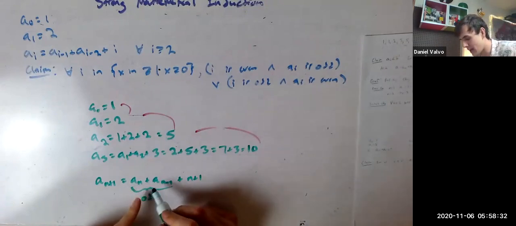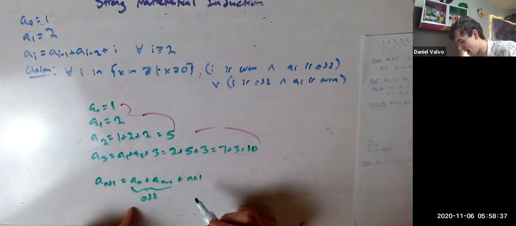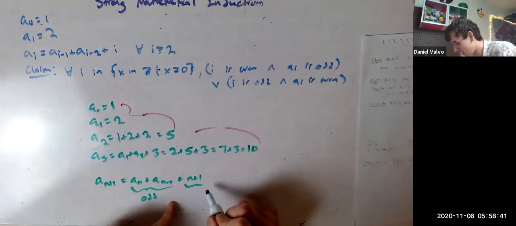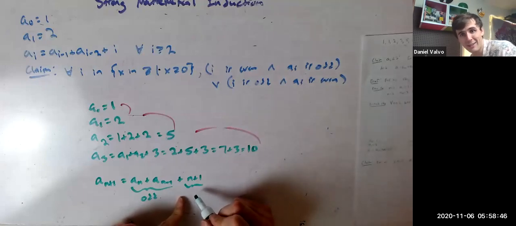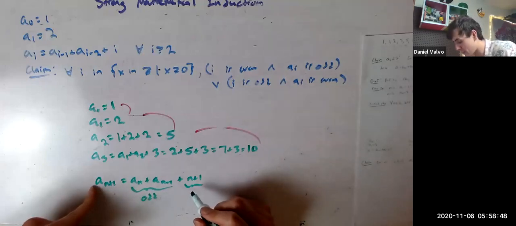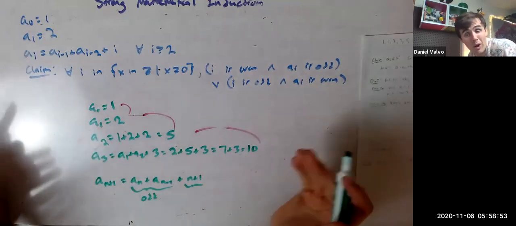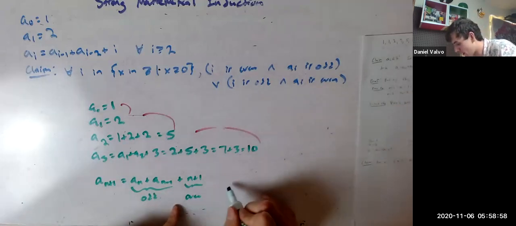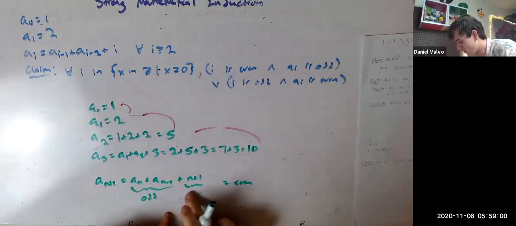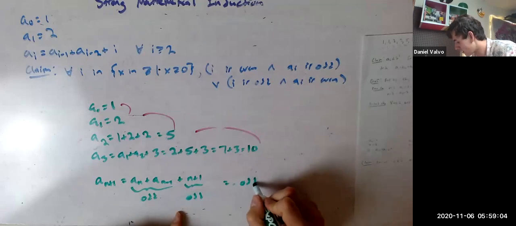It's going to be an odd plus an even or an even plus an odd. They're going to be opposites, so it's going to be odd. And then an odd plus an even is an odd, and an odd plus an odd is an even. So A(n+1) is going to be the opposite of whatever n+1 is, which is exactly what we wanted to show. If n+1 is even, the whole thing's odd. If n+1 is odd, the whole thing is even.